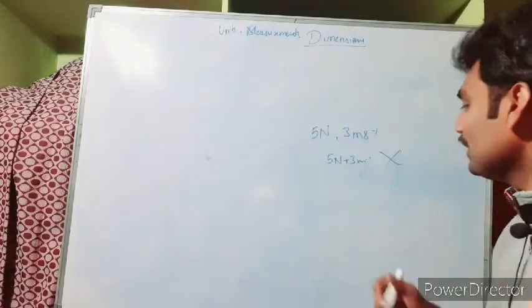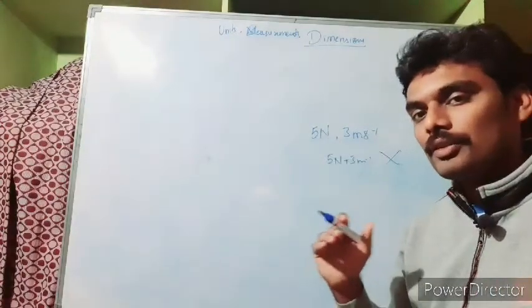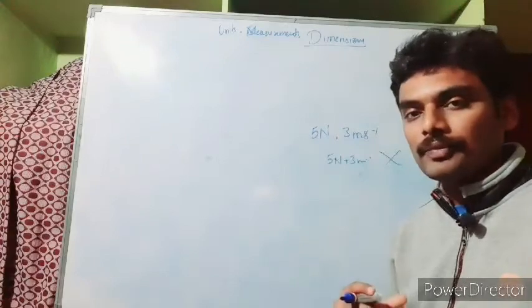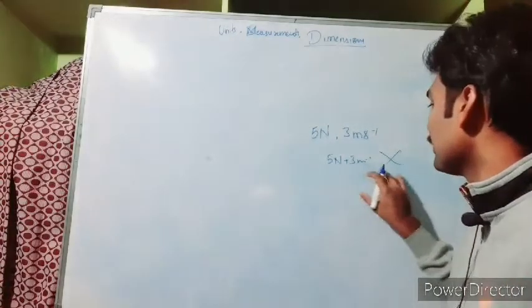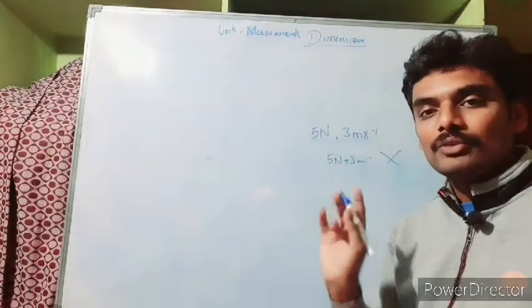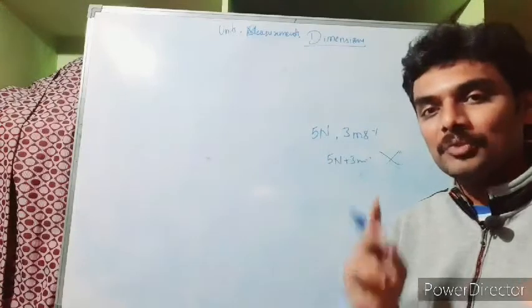So when we equate them, we can make use of the dimensions. Otherwise we cannot equate them. So the principle is that to add, subtract or equate two quantities, they must be the same quantities with the same units.